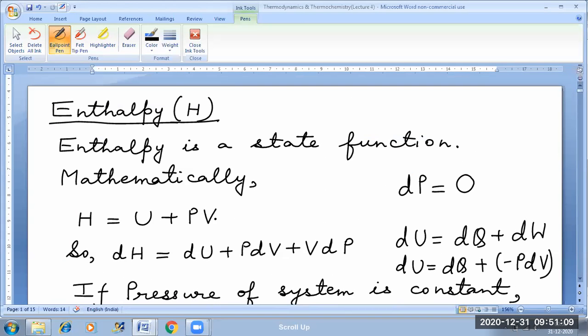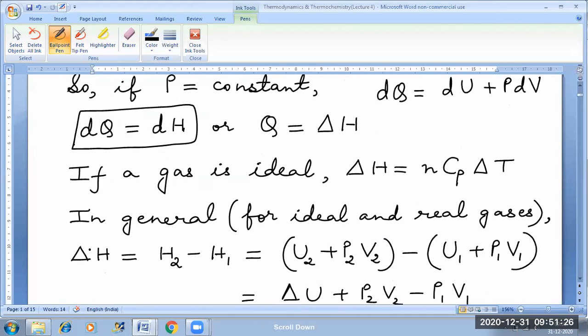So if I measure the enthalpies under two different conditions of the system, I can say that H2 will be equal to U2 plus P2V2, where U2 is the final internal energy of the system, P2 is the final pressure of the system, V2 is the final volume of the system. So U2 plus P2V2 will be the final value of enthalpy. Initial value of enthalpy is U1 plus P1V1, because 1 means initial and 2 means final.